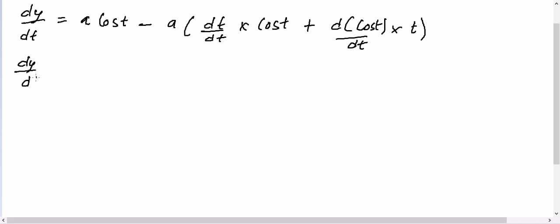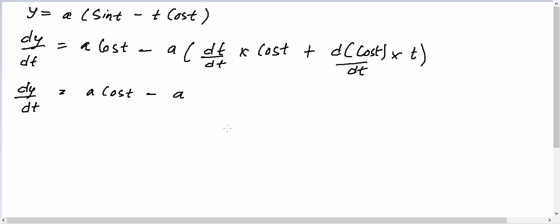dy by dt will thus be a cos t minus a, derivative of cos is minus sin, right? We are getting the first term first, right? We will write the first term 1 into cos t plus derivative of cos is minus sin t, right, into t.